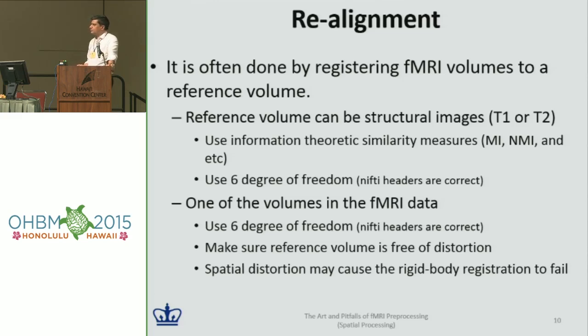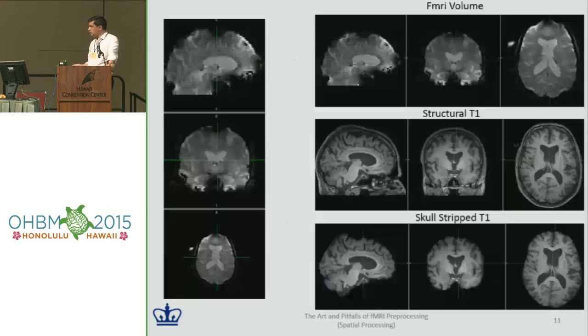Which volume to use? You can use one volume from the fMRI data for your registration. You can also average the fMRI data to do the registration. And this figure actually shows it very clearly. So this is your subject. You can choose one of the fMRI volumes, the structural image, or the skull-stripped one.